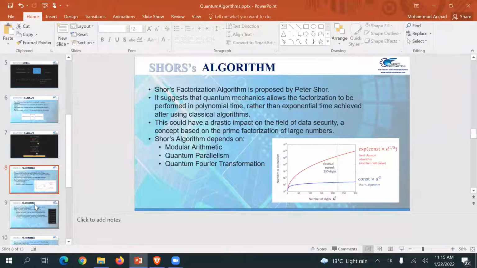Now if you have a very big number, a classical computer could take thousands of years to crack the prime factors of that number, literally. The RSA algorithm is dependent on that.